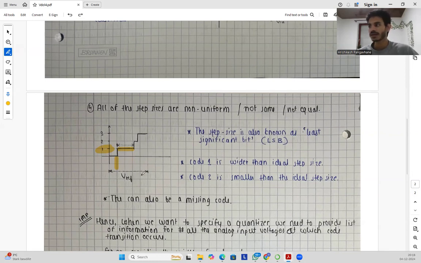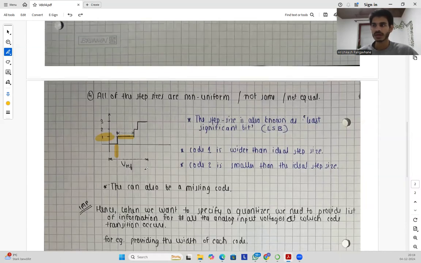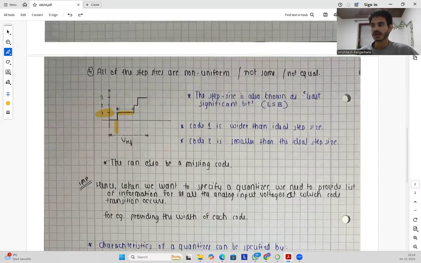So we need to provide the list of information for all the analog input voltages, which are our samples getting sampled on the capacitor, at which the code will transition, like from 1 to 2, 2 to 3. For example, we need to provide the width of each code. That's information we can provide while specifying a quantizer.